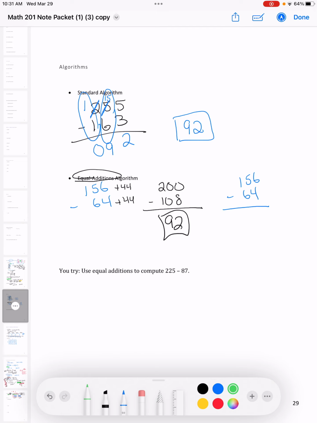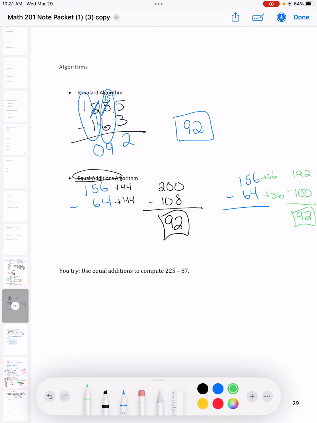So to get 64 to turn into 100, I would add 36 to it. And that would make the bottom number 100. What I do to one, I have to do to the other. So now I've got this new problem. This is probably a little bit easier. 192 minus 100. Again, we knew the answer was 92.